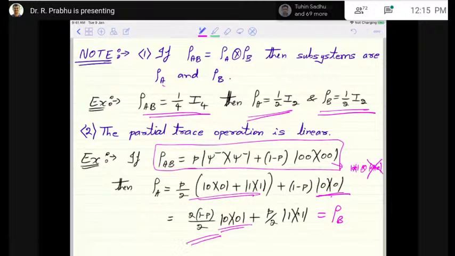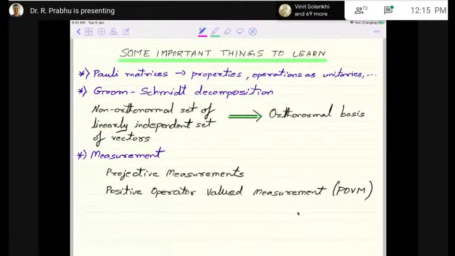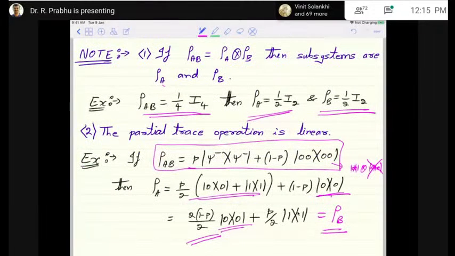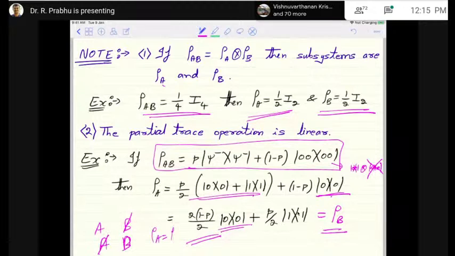So you can see that this particular state will also give you the same rho B. That is, if you have two particles A and B, whether you remove B or you remove A, the state of the system will always be the same for this particular system.